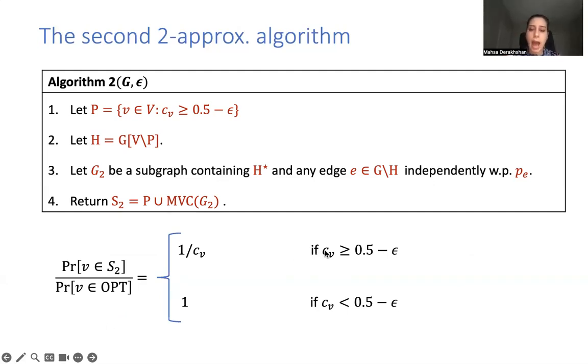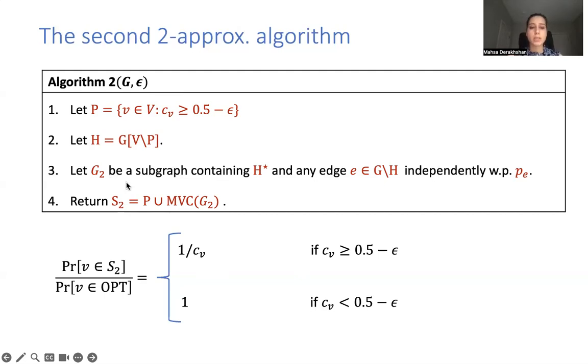If the vertex has CV larger than half minus epsilon, it will join the minimum vertex cover, it will join S2 with probability 1, right? So this term for it will be 1 over CV. And if the vertex has CV smaller than half minus epsilon, it will not join P, right?